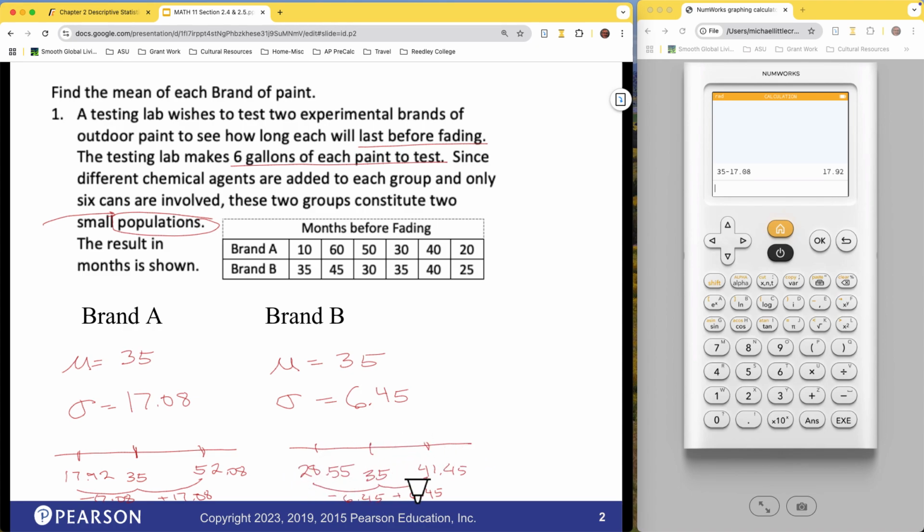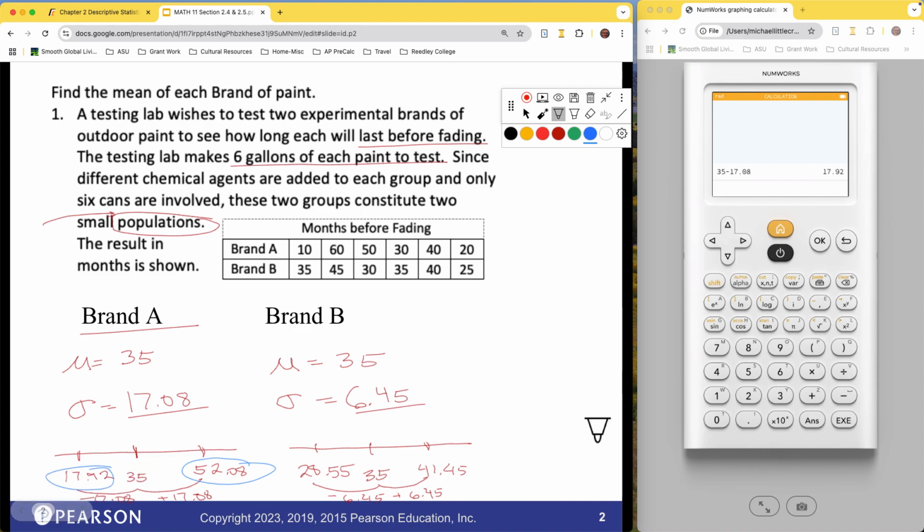Okay, so an above and below. That's what the standard deviation tells us. If you buy brand A, you will average 35 months, but you may do very much better, up to 52 months or further, or you could do much worse at about 18 months.